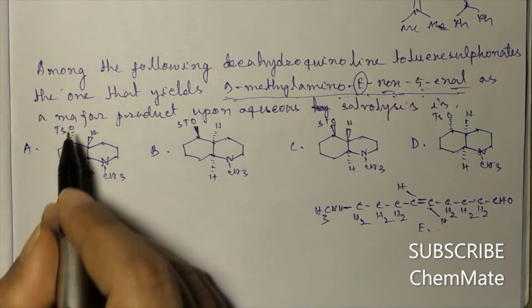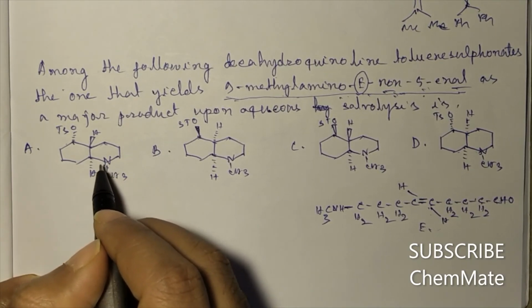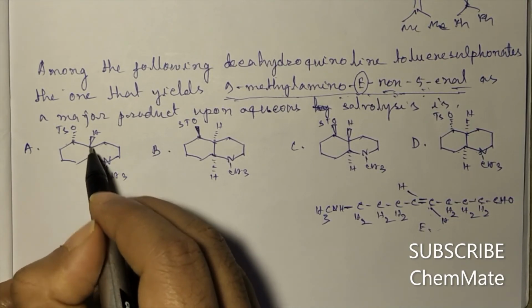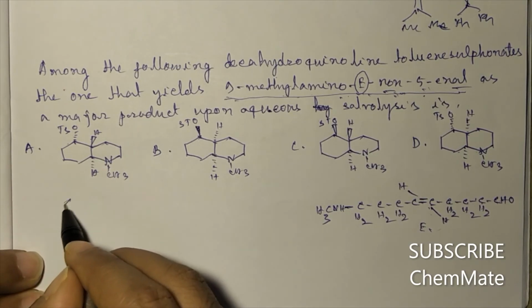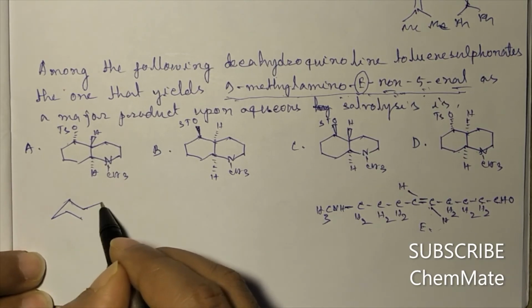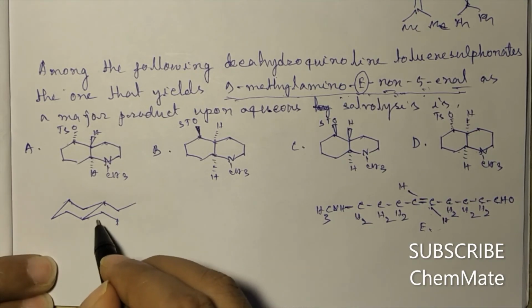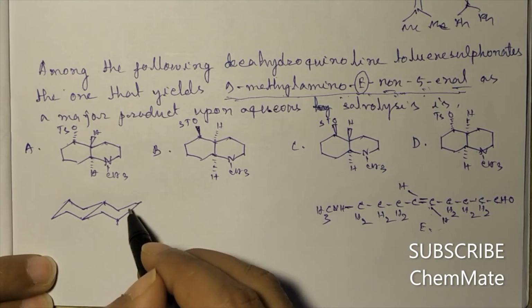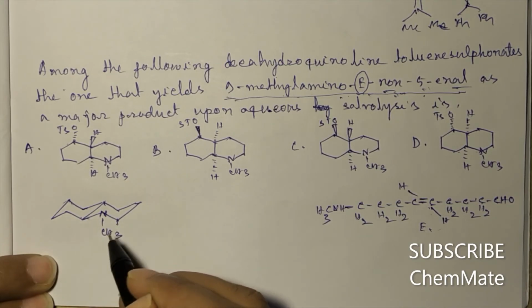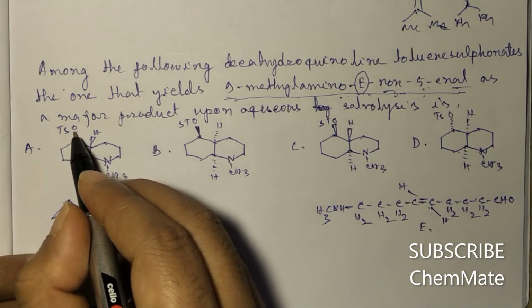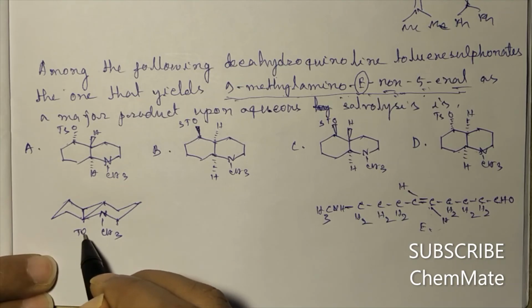So now we have to see here that this is a decahydroquinoline derivative which has trans configuration. So if we draw this in chair, here is a nitrogen, CH3, OTs group is here.